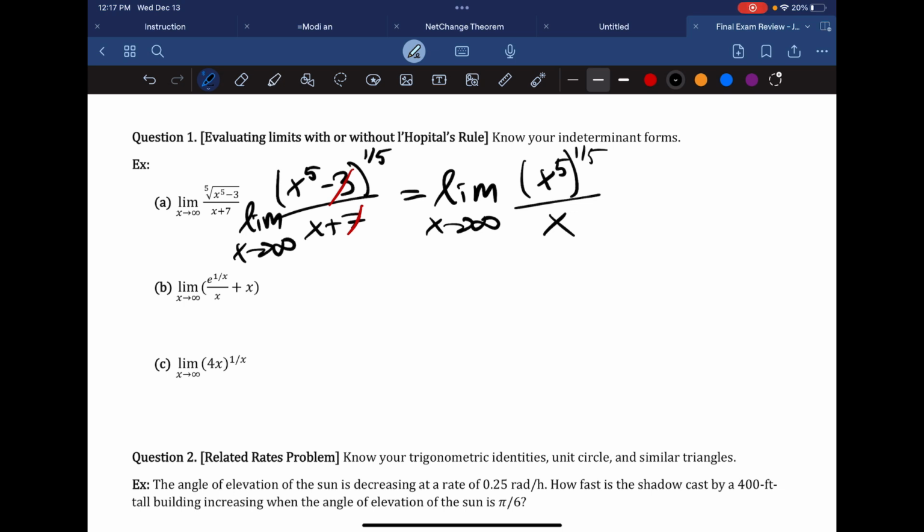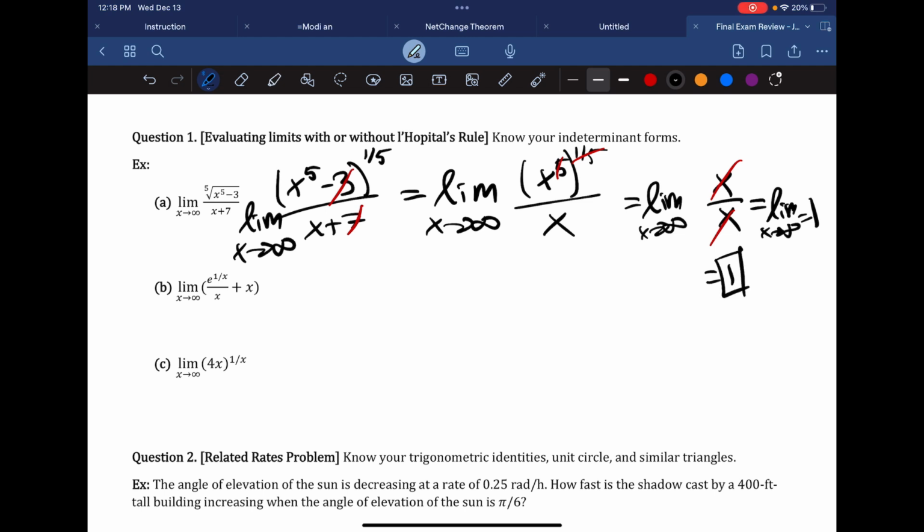And so now you can say, okay, well, this 5 cancels with this 1/5, and then this whole thing is equal to the limit as x approaches infinity of x over x, and that x cancels with this x, and you get 1. So your answer is 1.